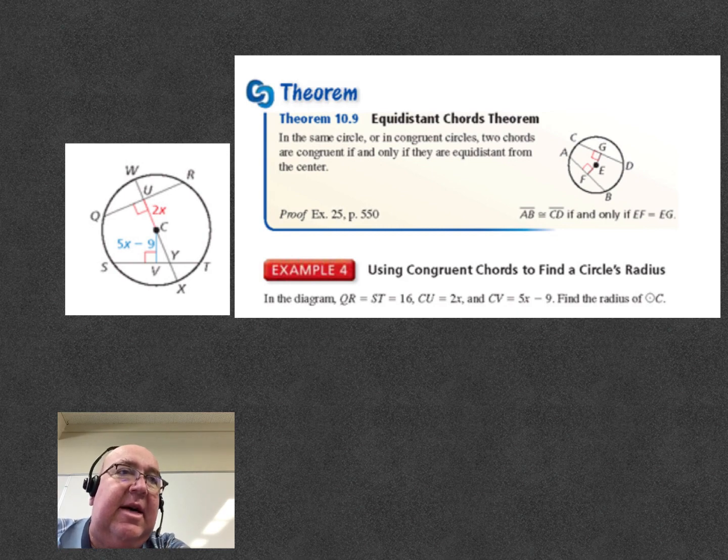Alright, so we're going to use congruent chords to find the circle's radius. So we're going to find the radius here. And we know that CU is congruent to CV.